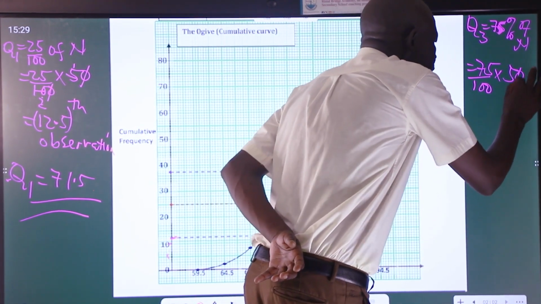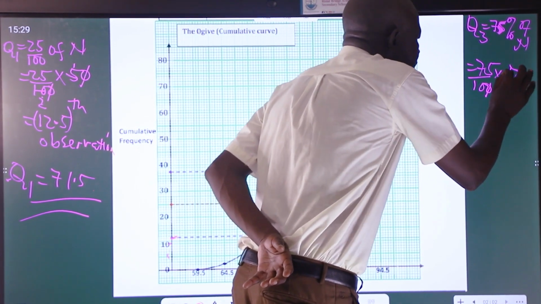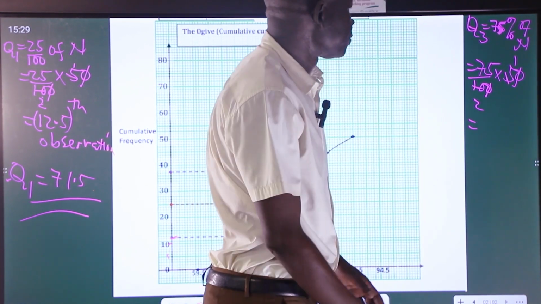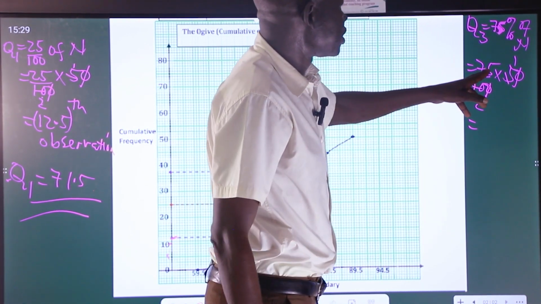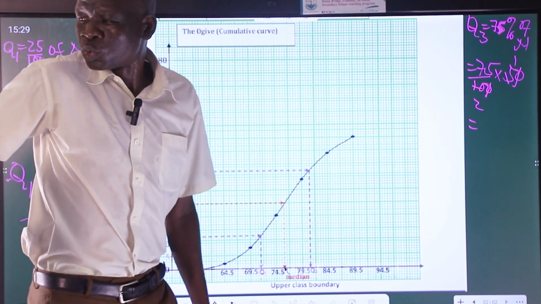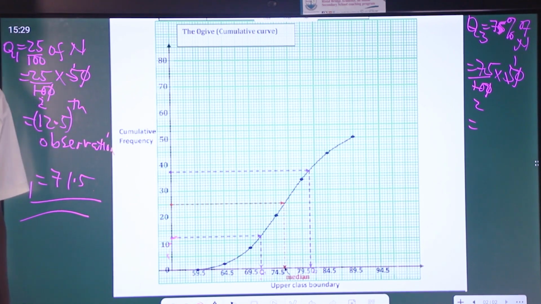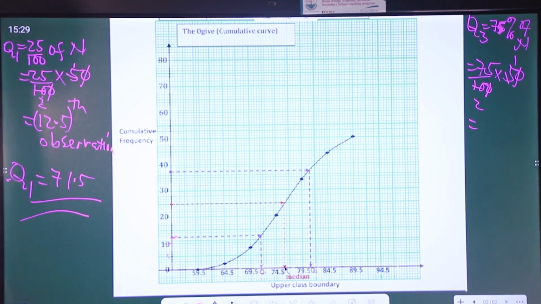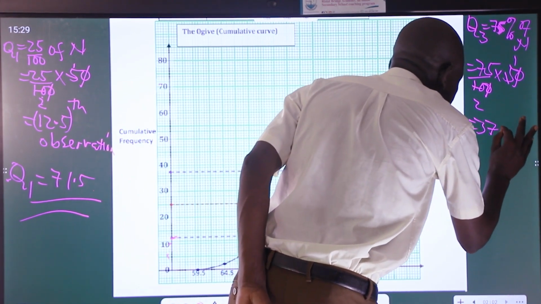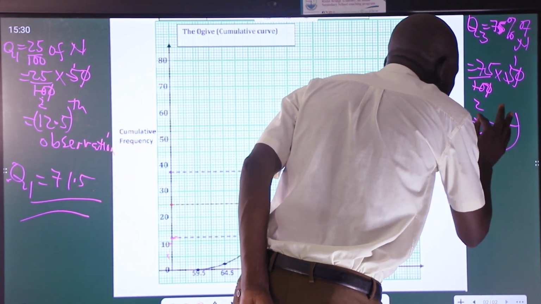Then when we cancel, 5 ones are 5, 5 twos are 10, we shall have 75 divided by 2. We find that we get 37.5, the observation.